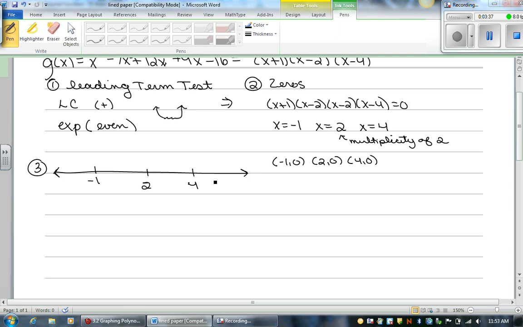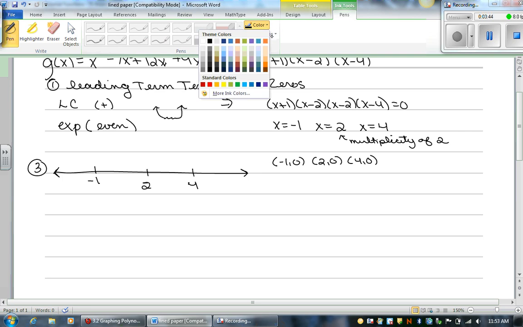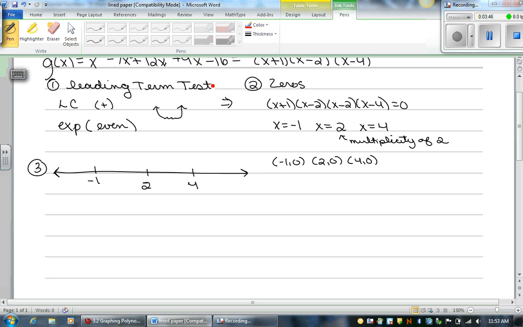We're going to deal with our first test point. TP stands for test point, and the first test point I want to do is, let's say, -1.25. It's about here. I'm going to plug that right into my function using my calculator, and I'm going to get a value of about 13.9.